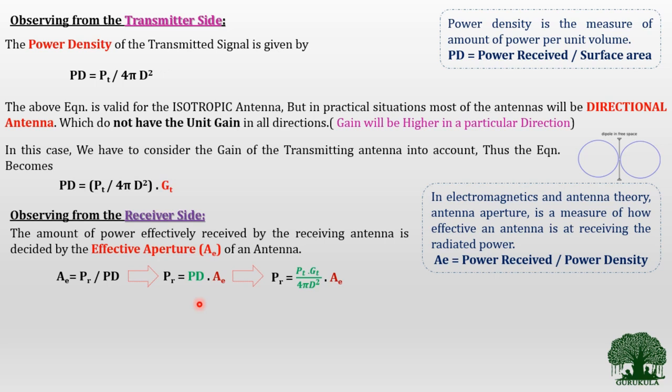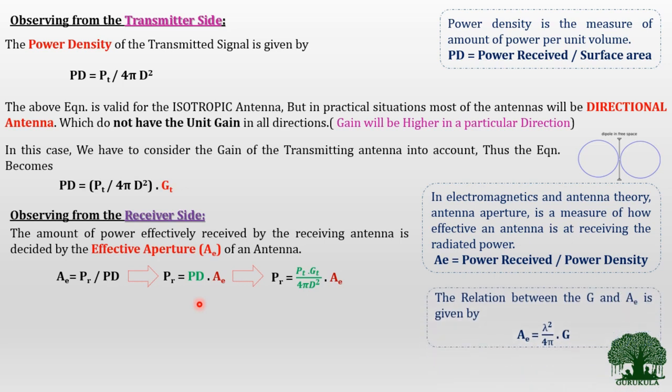Now it is very important to write the effective aperture in relation with the gain and the size of the antenna, so that the effective aperture will be reflected in the size of the antenna as well as the gain of the particular antenna. It will be very useful and reasonable if we represent this effective aperture in terms of gain and wavelength.